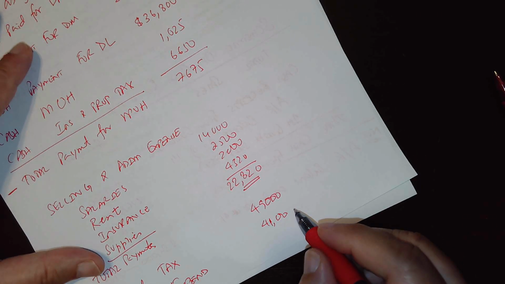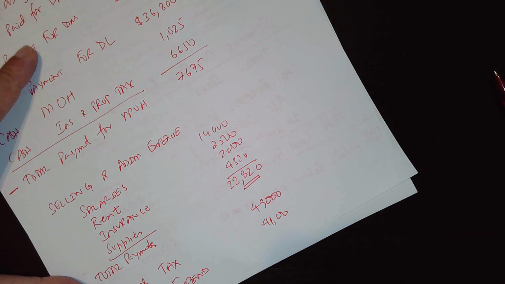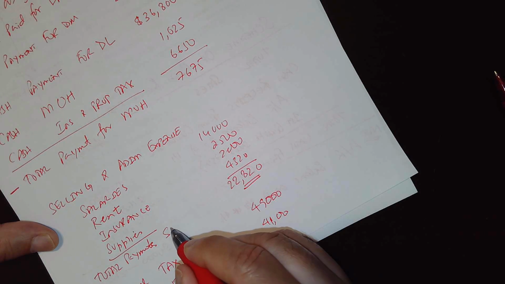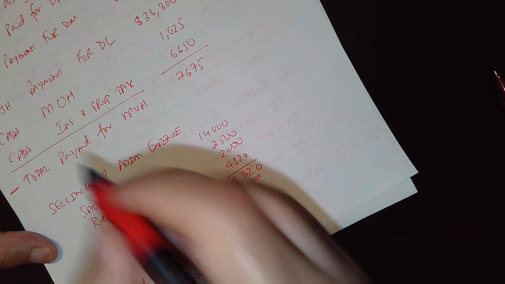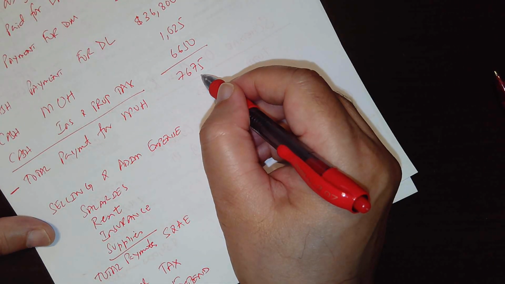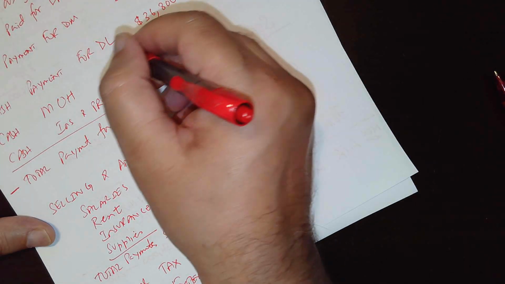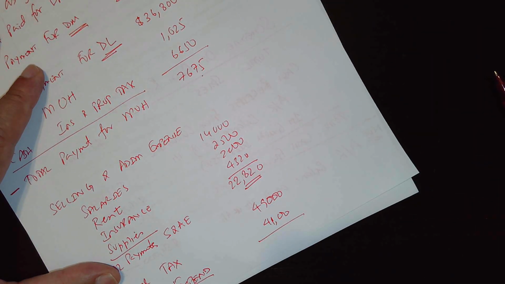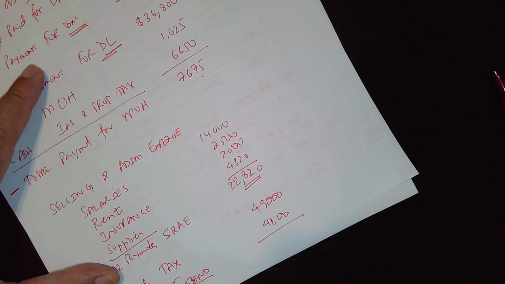All right. So we know the income tax, capital expenditure, total payment for selling and administrative expense, total payment of manufacturing overhead, cash payment for direct material, and cash total payment for direct labor. So we have total payments for everything.